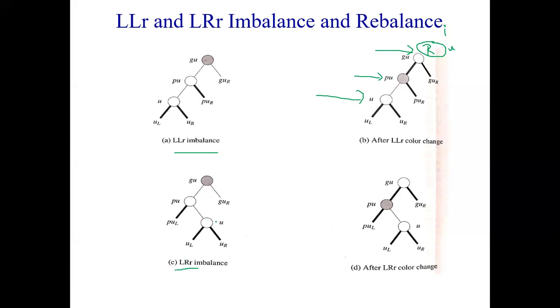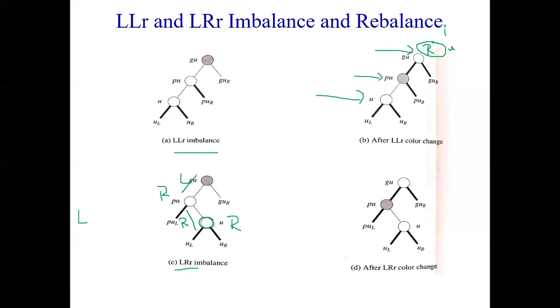Say now we are adding a new child here. This is in red color. Its parent is also red color, so it is an imbalance for sure. But now this new child is added as the right child of the parent. The new node is added as the right child of the parent, and the parent is the left child of the grandparent.